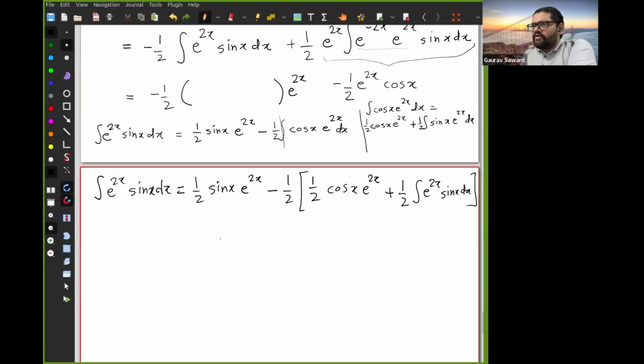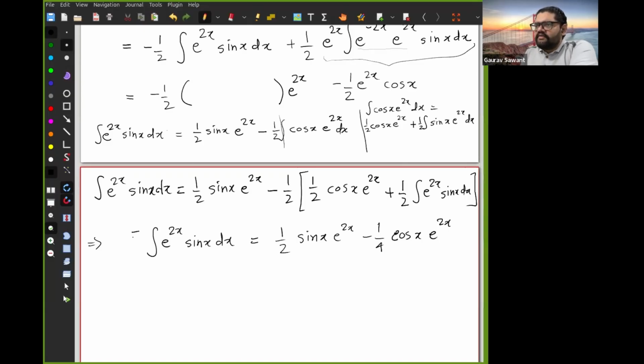Now I have the integral e power 2x sin x dx here. On the other hand, I have half sin x e power 2x minus 1 by 4 cos x e power 2x, and there was a minus 1 by 4 on this side, so that will go on the other side. And I will have a 5 by 4 here.